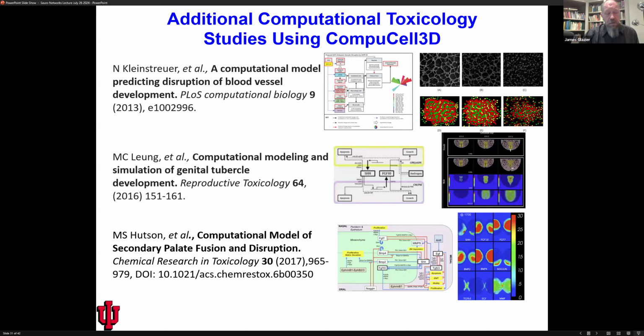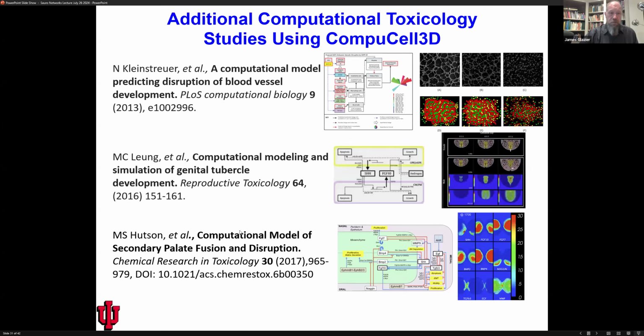There was a lot of concern about feminization of male embryos by estrogen mimics in the environment. Actually able to simulate dysfunction of the genital development in embryos. So again, here we have rather detailed outcome networks inside of the individual cells, but in the context of the whole tissue as it develops.